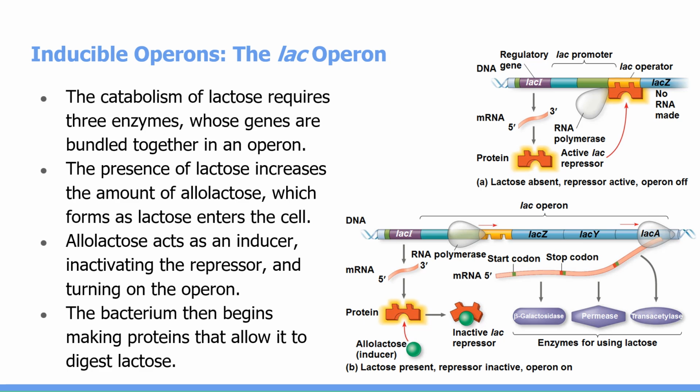So let's see how all that works. So inducible means to be able to turn on, right? So default for this lac operon is off. So that makes sense. No lactose is in the cell. It doesn't need to be digested. So no enzymes are being made.